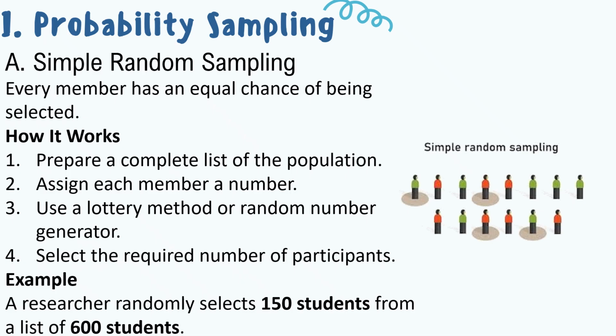So we number all 600 students from 1 up to 600. And then we use a random number generator to select 150 numbers. So the students whose numbers were selected become our respondents. Okay, so what makes this simple random sampling? So it means everyone has an equal chance.